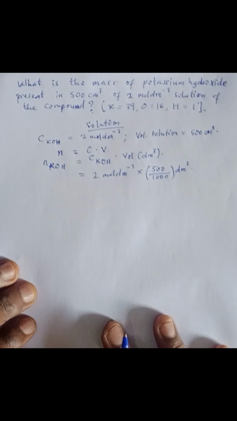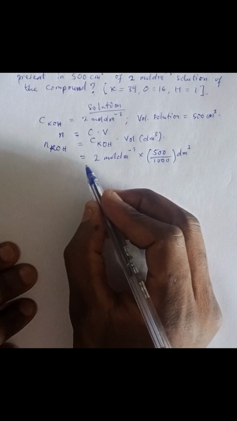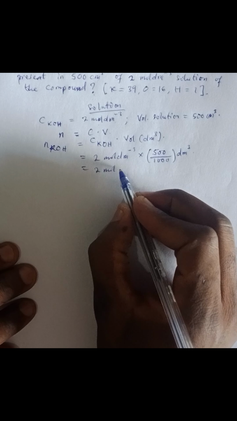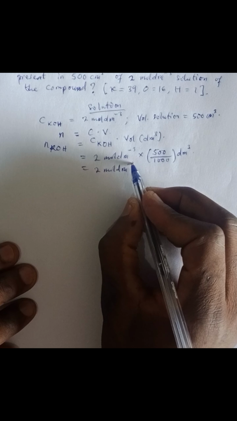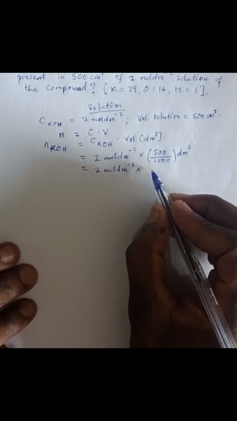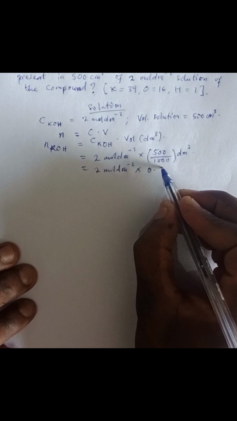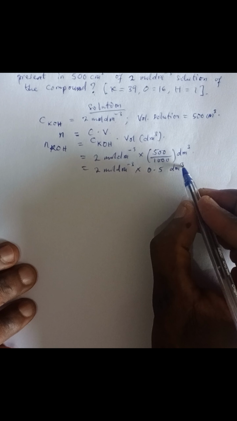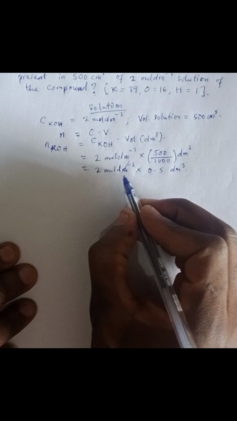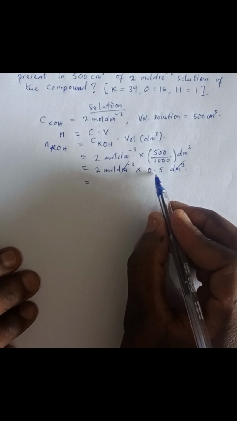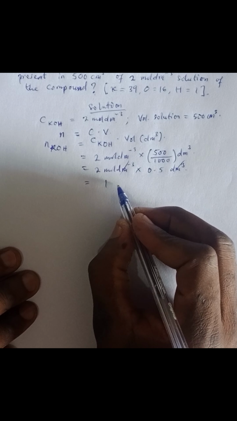What next? Now we have 2 mol/dm³ multiplied by, this will be 0.5 dm³. So dm³ will cancel dm³. That will be 0.5 multiplied by 2, that will be 1.